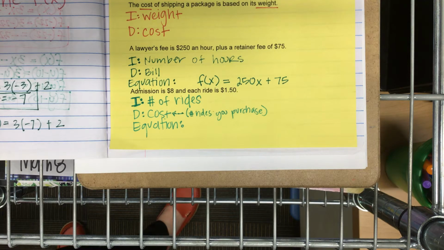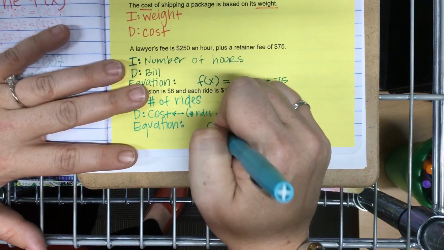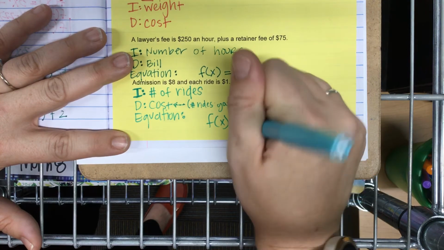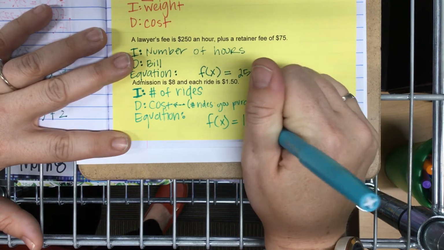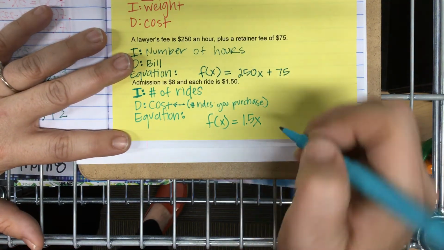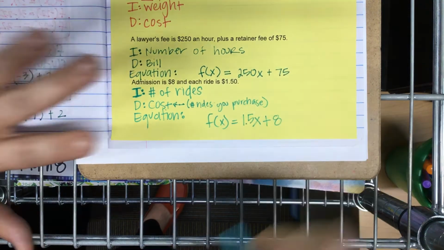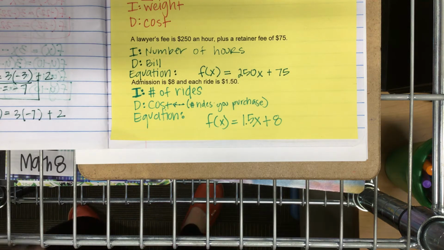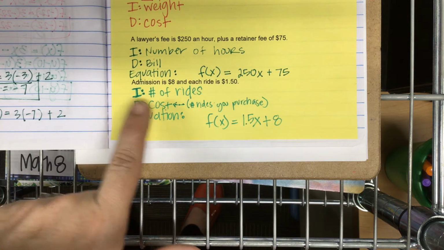What does my equation look like? f of x equals 1.50x plus 8. All right, the number of rides I purchase determines the cost. The cost depends on the number of rides.